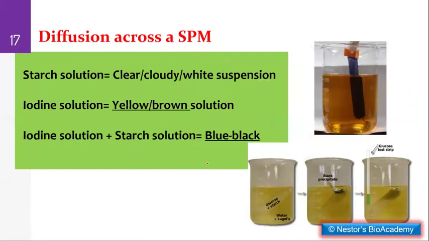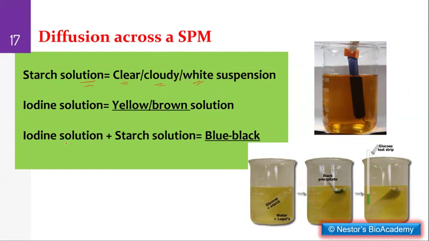And background to this information you need to know, starch solution usually tends to be relatively clear, or it can be cloudy, or it can appear like some sort of a white suspension depending on the level of refinement of the starch powder we are using. Iodine solution, on the other hand, depending on the concentration, can appear yellow or brown.